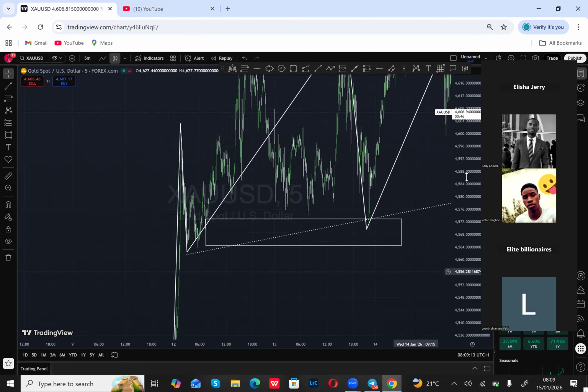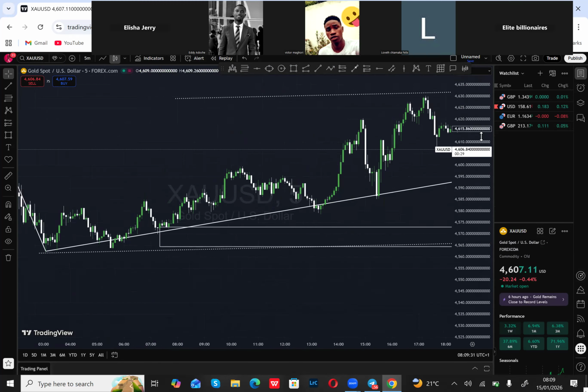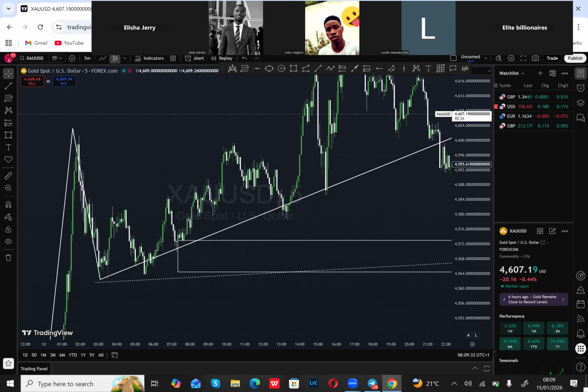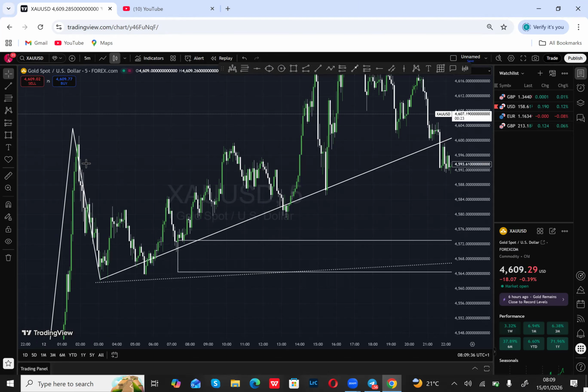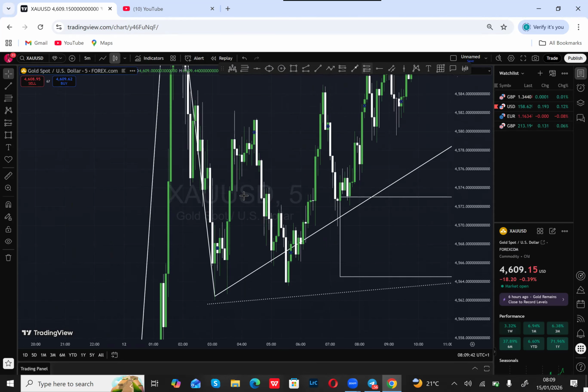The reason why this buy here failed is because the storyline says there is an order block here for price to still use. Because we had price changing character here, giving liquidity here, and then giving an order block here.